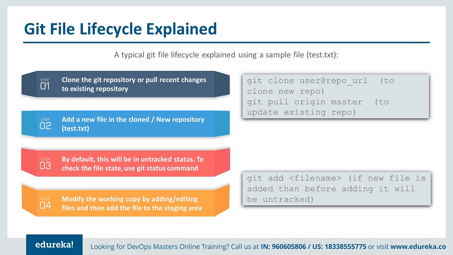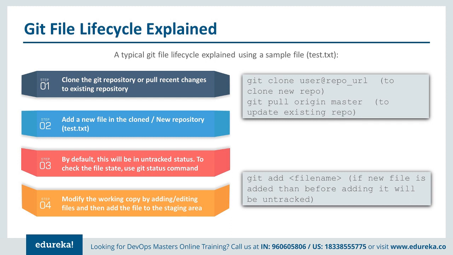In the next step, we add a file in the clone or in the new repository. This file can be new or it can be a modified file. In step 3, we check the status using the git status command, and in the fourth step we modify the file and add the file to the staging area.